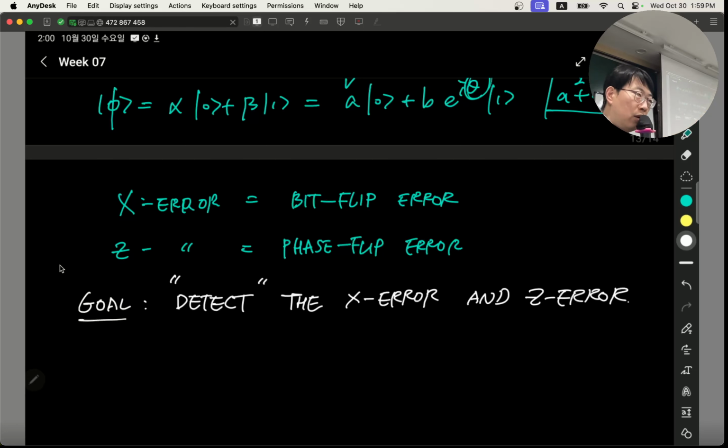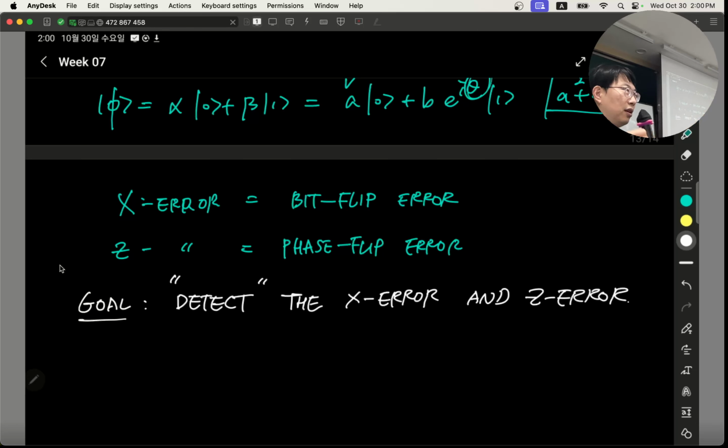However, when you're talking about a quantum circuit, let's assume that at a certain point in the circuit you detect an error. This shouldn't happen. Maybe an X error occurred. You cannot throw an X gate inside your quantum circuit to correct it, because quantum circuits are designed in the first place and then run almost instantly.